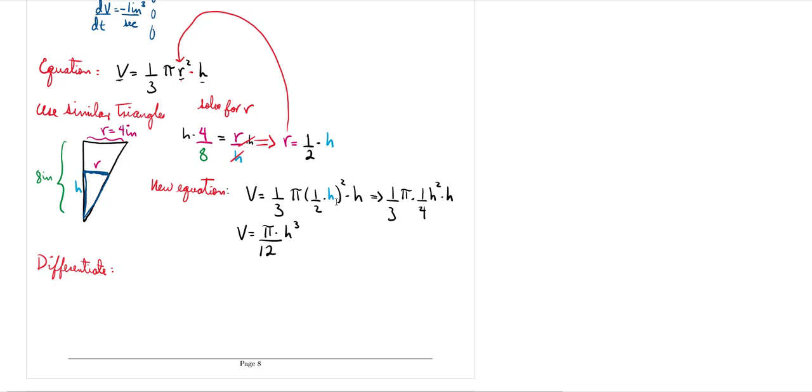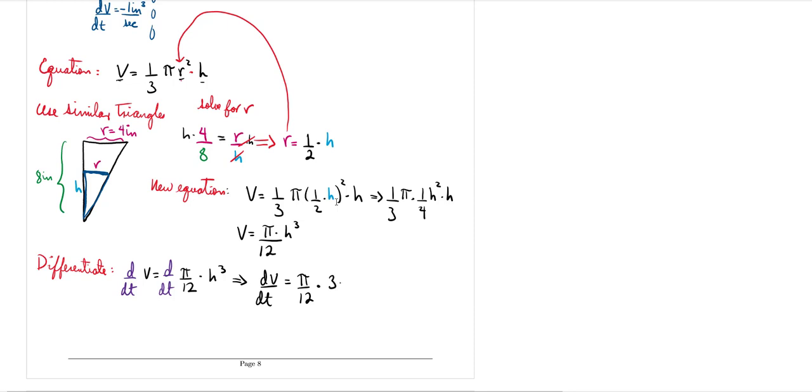Taking the derivative with respect to time, the derivative of the volume is equal to the derivative of pi over 12 times h cubed, which is going to give us dV/dt is equal to pi over 12 times, okay, now what is the derivative of h cubed?